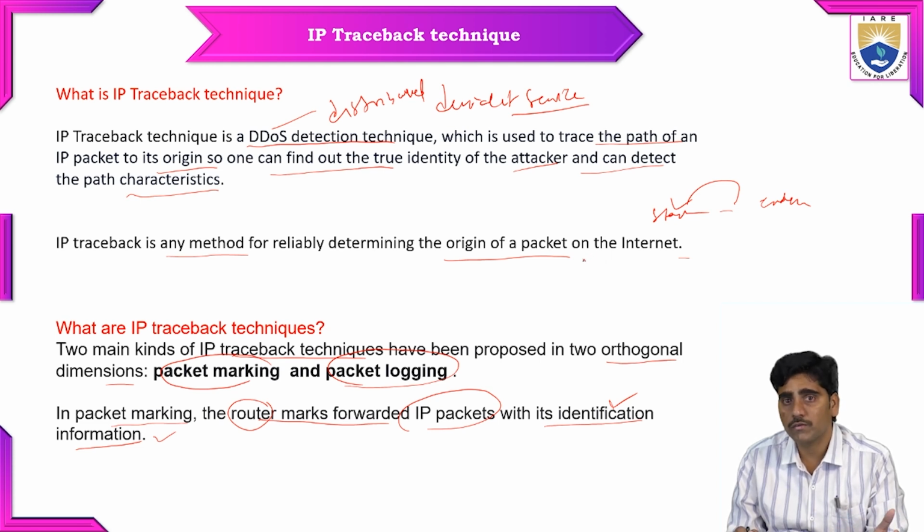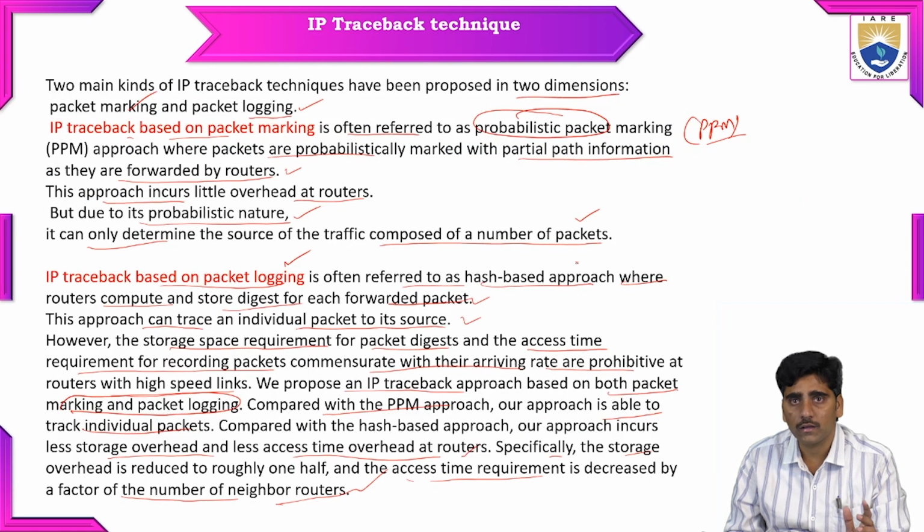So there are two types of techniques actually. One is packet marking and the other is packet logging. So what is packet marking? Each and every packet has to be identified at the router, and once it identifies the identity information of the packet, the router opens the gate to move it from the place.